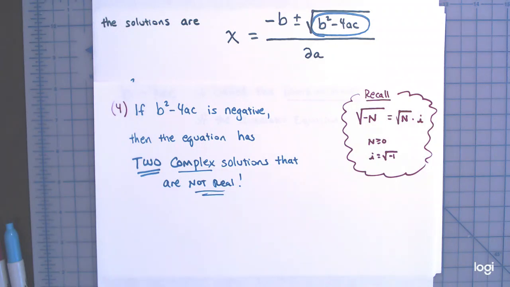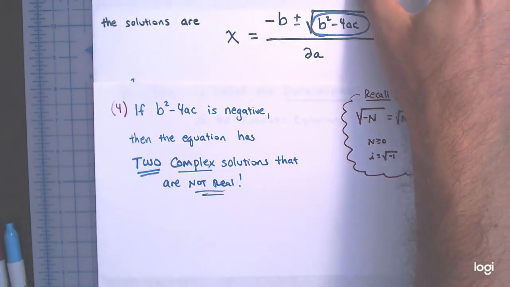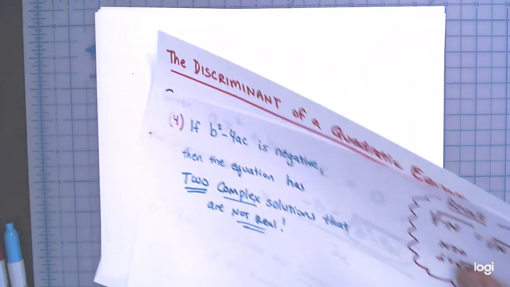All right, that's the rest of this video. I have a few examples here for you where we're going to be taking a look at a quadratic equation, asked to determine its discriminant, and then use the discriminant to say what kinds of solutions the equation will have without actually solving it.